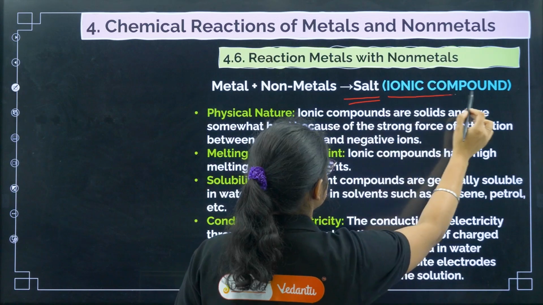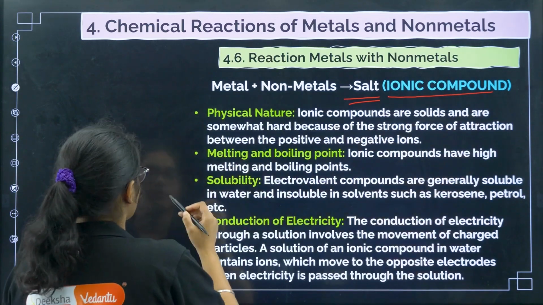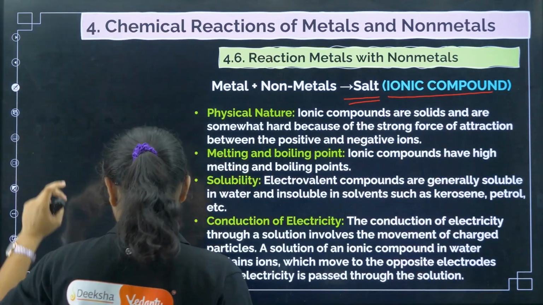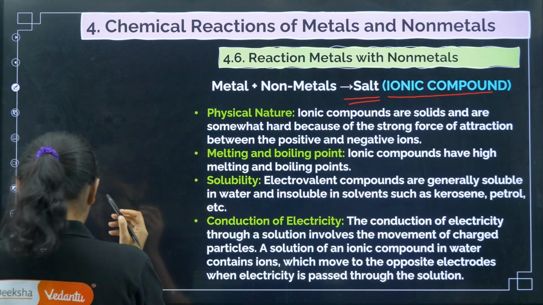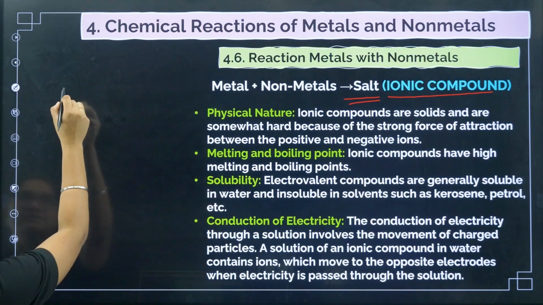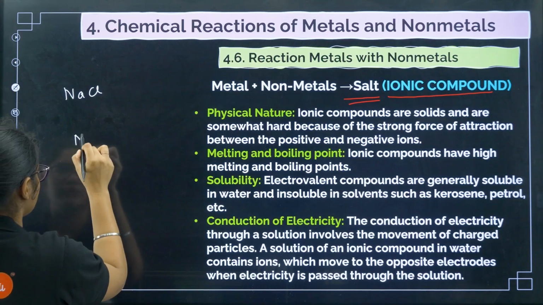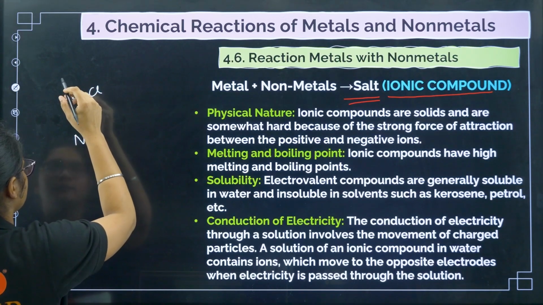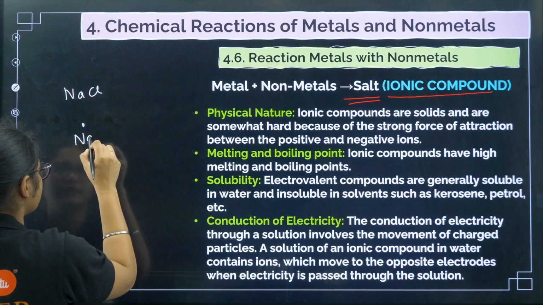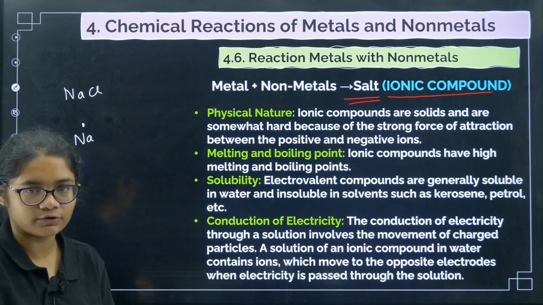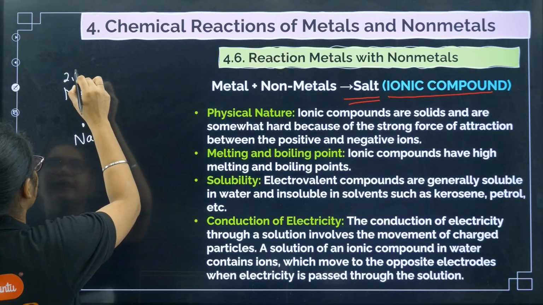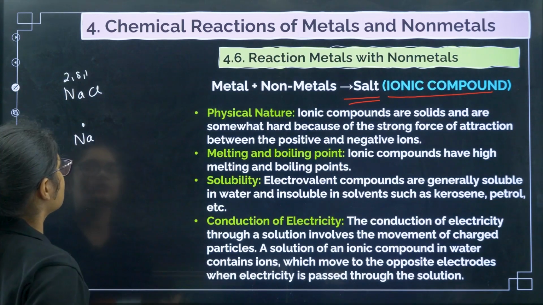These salts are ionic compounds. Now, what are the properties of ionic compounds? We'll give an example: NaCl. Sodium has one valence electron, the electronic configuration is 2, 8, 1.